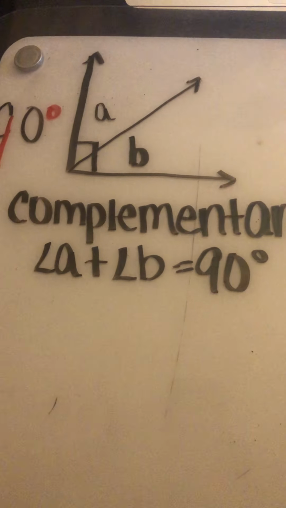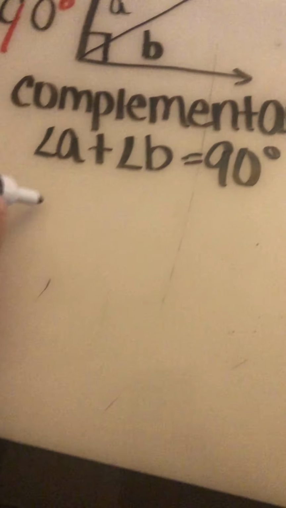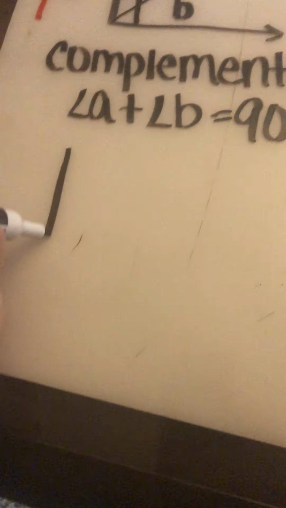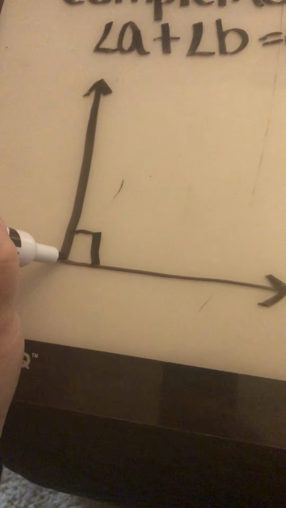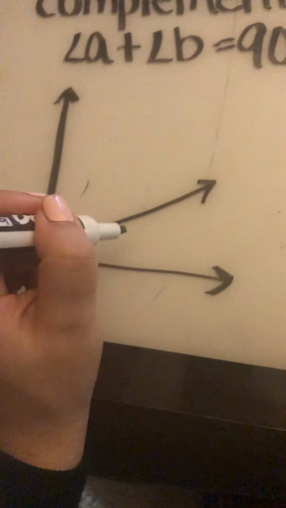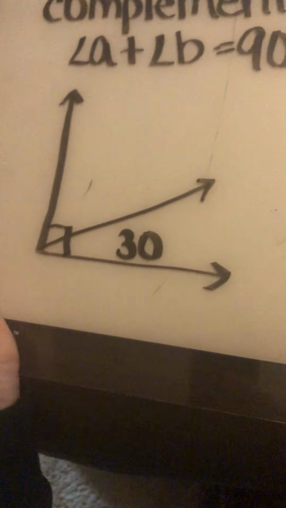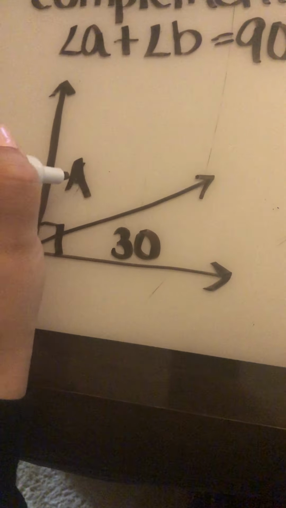And then basically all you're going to do today is you're going to be given a right angle, of course, because right angles are 90 degrees, right? Complementary angles are when they split the right angle into two angles. They're going to give you the measure of one angle and they're going to ask you to find the other.